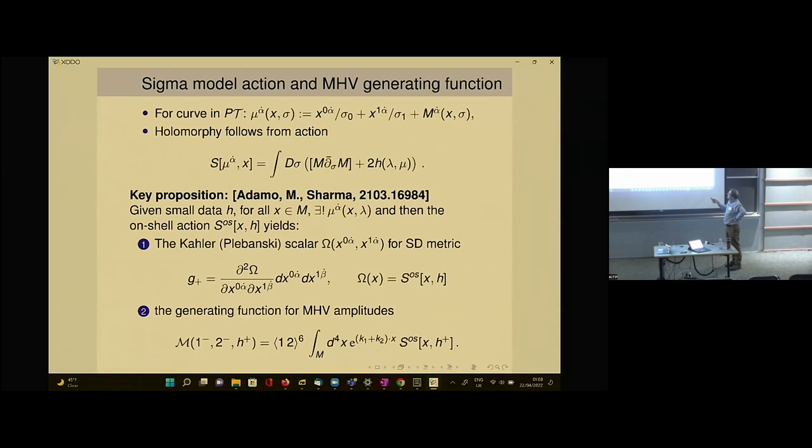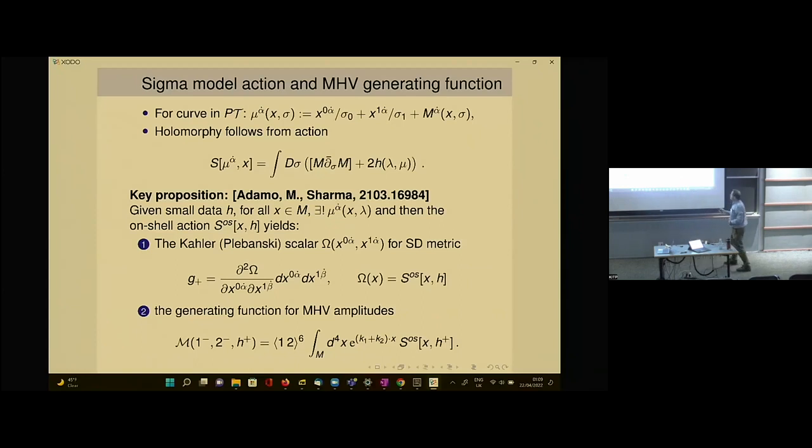And what we then prove is that this action computes the Plebanski scalar that I was talking about on the previous slide. And if you remember from the previous slide, if we want to compute the MHV generating functional, then we needed to have some way of arriving at this Plebanski scalar.